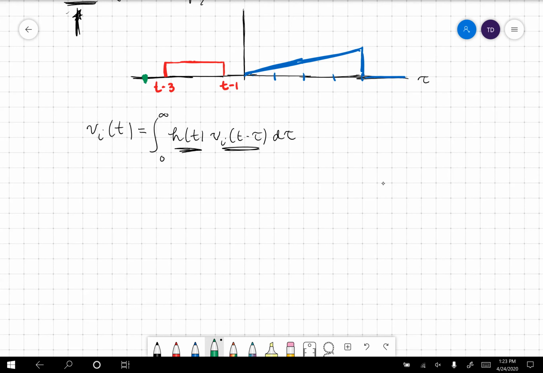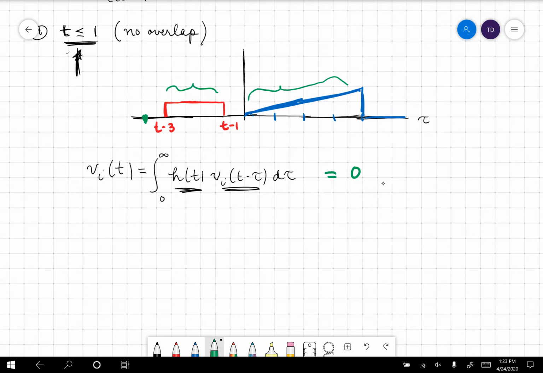The pieces here do not overlap each other, so you're going to get 0 multiplied by 0 everywhere else. So this is clearly equal to 0. So for any t less than or equal to 1, vi of t is equal to 0. That's what we're saying. Vi of t equals 0 for all t less than or equal to 1.